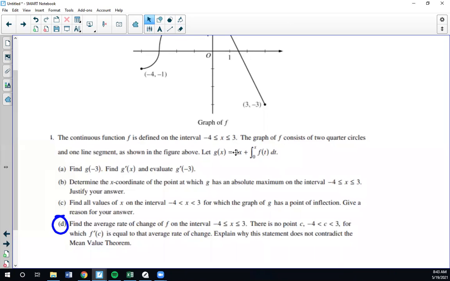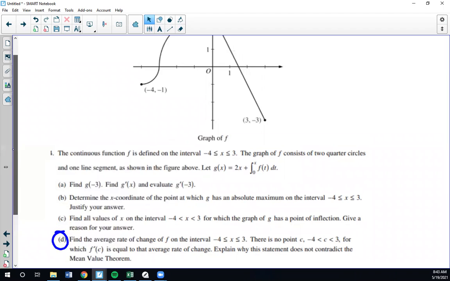And it says there's not a point for which f prime is equal to that average rate of change. Explain why this statement does not contradict the mean value theorem. Okay, so find the average rate of change. There's no point at which f prime is equal to that average rate of change. Explain why this does not contradict the mean value theorem.